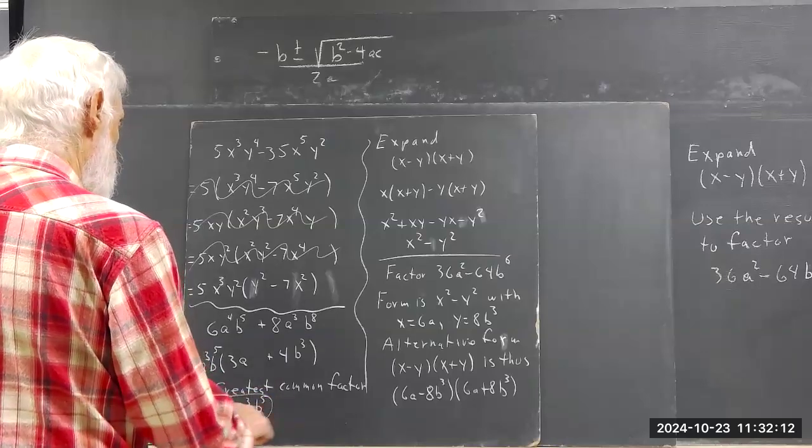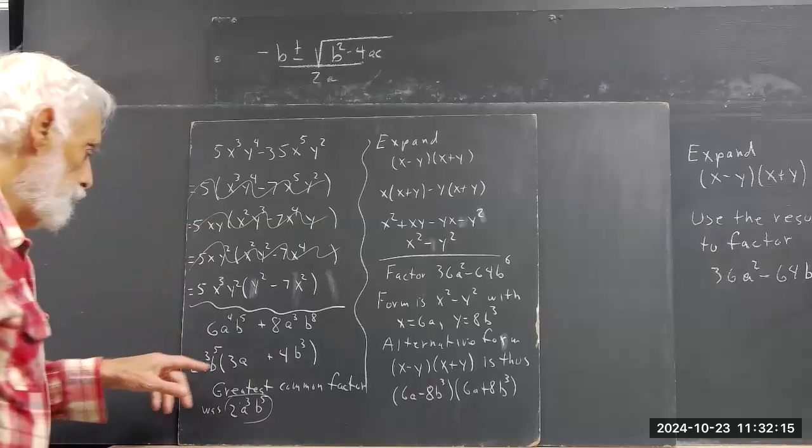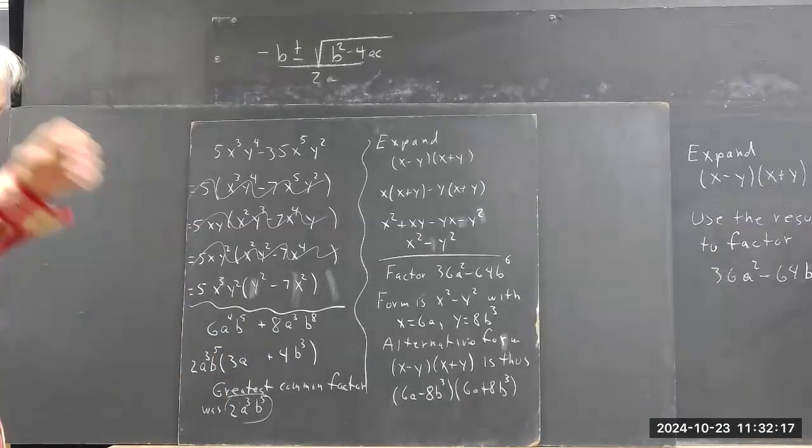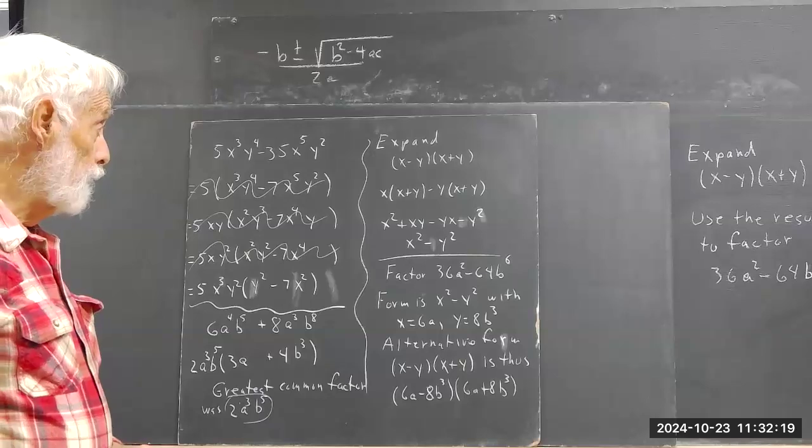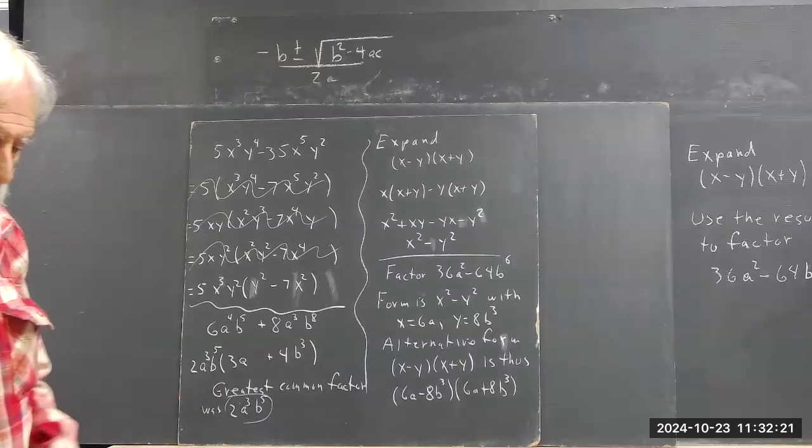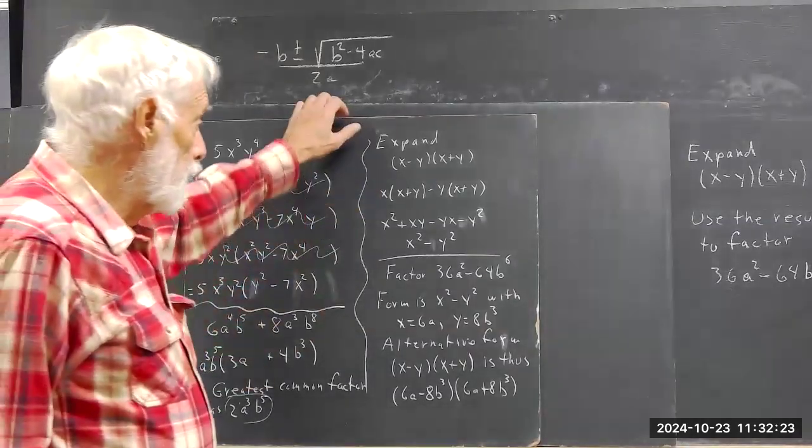That was 2a cubed b to the 5th. And I think everybody sees how to write that. Okay, that's very good. Now I'm going to move on to another kind of factoring.